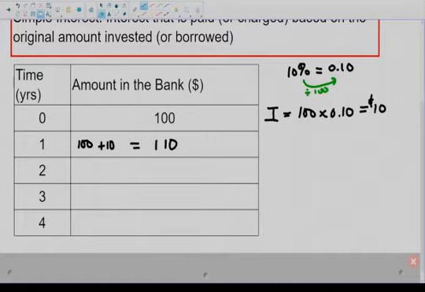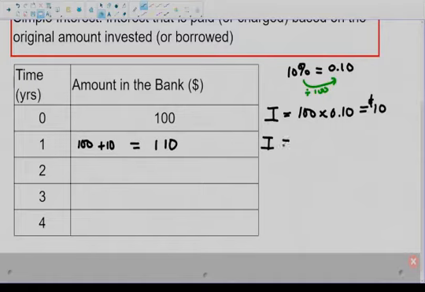There are two different types of interest, and we're going to talk about the second type later. The second type is called compound interest. Now, in simple interest, when I calculate the interest for the second year, I don't take into account that I made $10 in the first year.